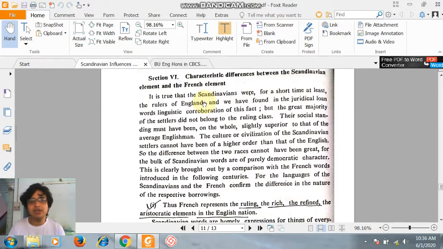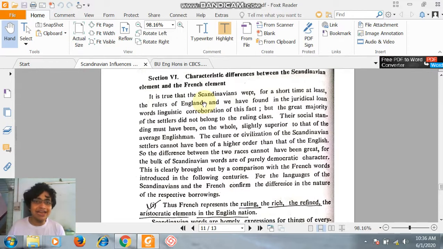And the French were a superior people. They invaded England from Normandy. They became the rulers of the land. At the same time, from 1066 onwards, French becomes the language of the administration. French becomes the language of the executive, the judiciary.